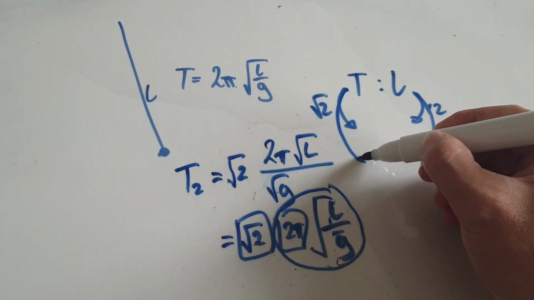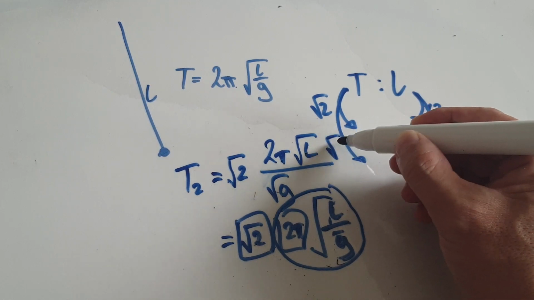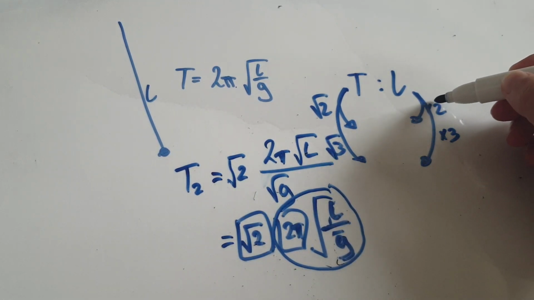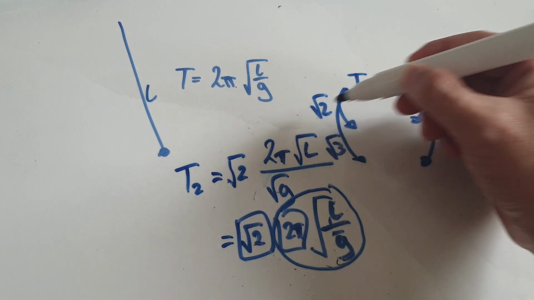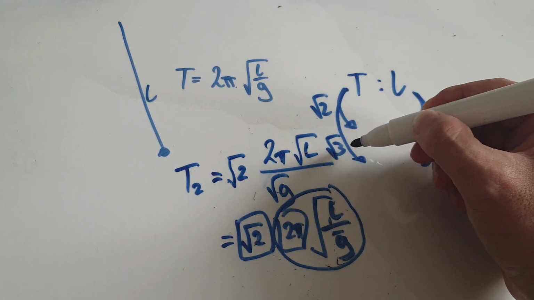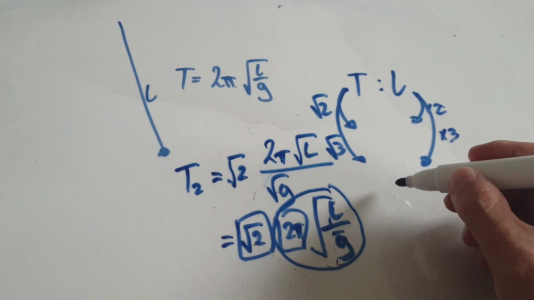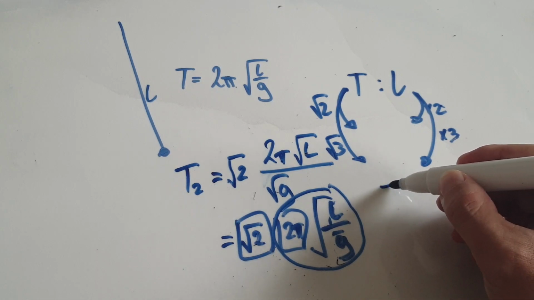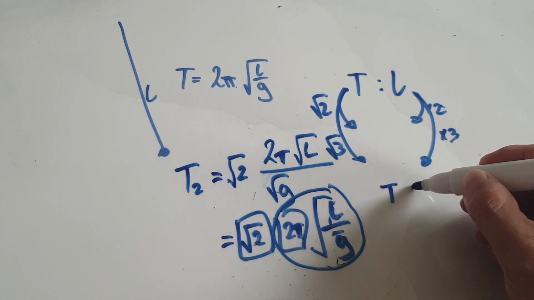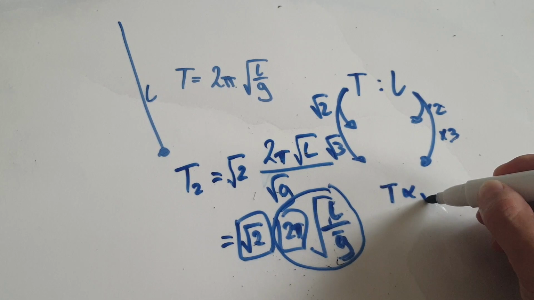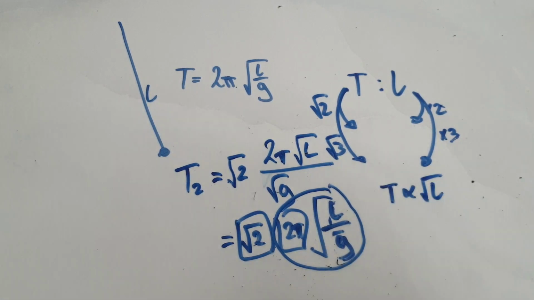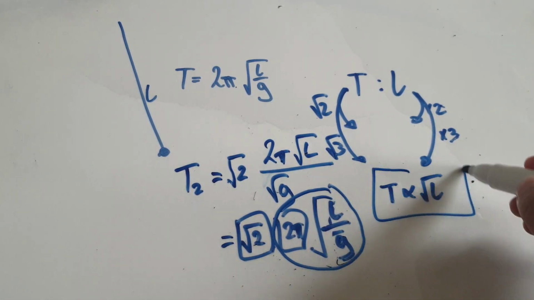So that means the time here will get increased by root 3. So you can see, times this by 2, it will increase by root 2. Times this by 3, it will increase by root 3. So the relationship here is T is proportional to the square root of the length of the string. That's the relationship, okay?